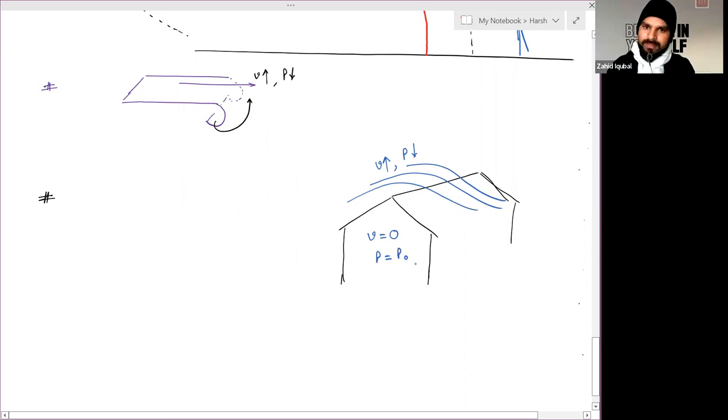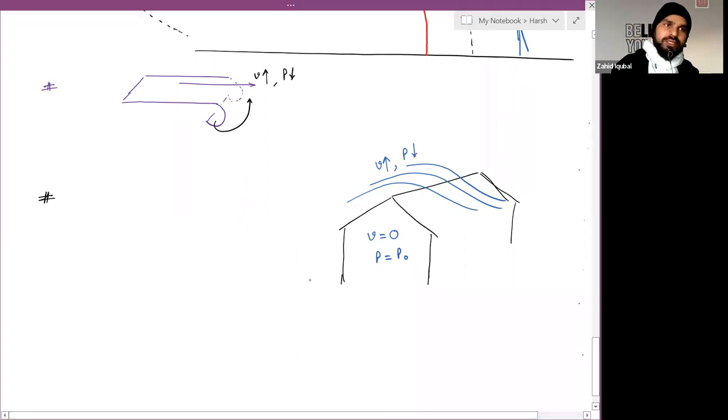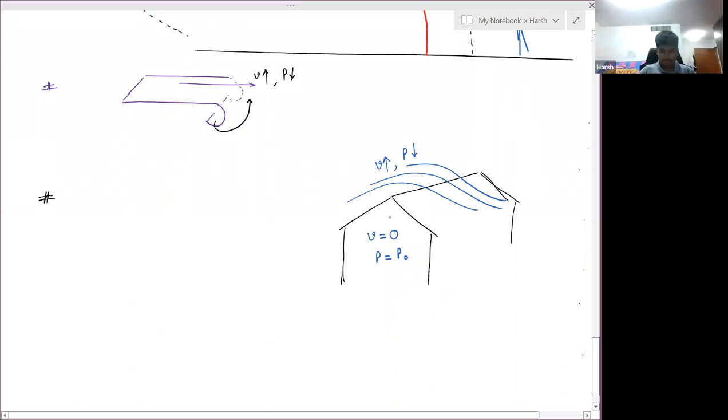So what should be the velocity of air above that roof that will be capable of uplifting the entire segment? Let me define it according to Bernoulli's principle. Let's say this is first and this is second. Since there is not much difference in height, we may neglect that component.